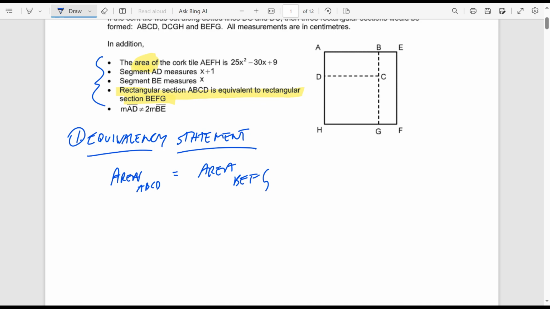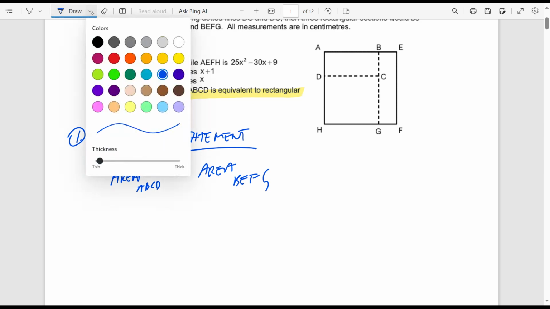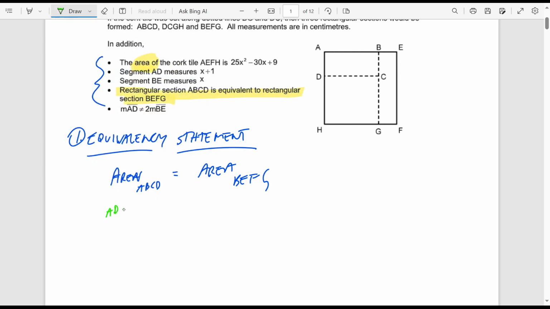So if I look at this here, before I go anywhere, I know the breakdown of this is going to be AD times AB, right? So it's a rectangle, so it's going to be length times width.